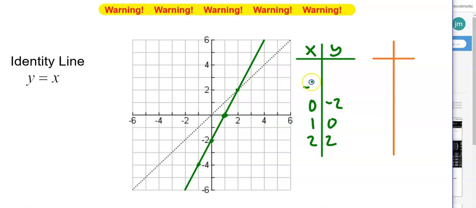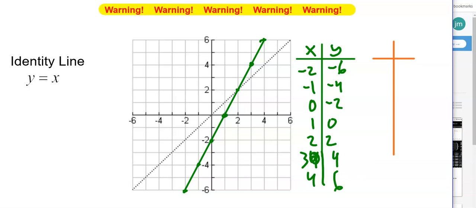That's the point (-1, -4). And that's the point (-2, -6). And there's a few more: (3, 4) and (4, 6). Those are all the points on that line.